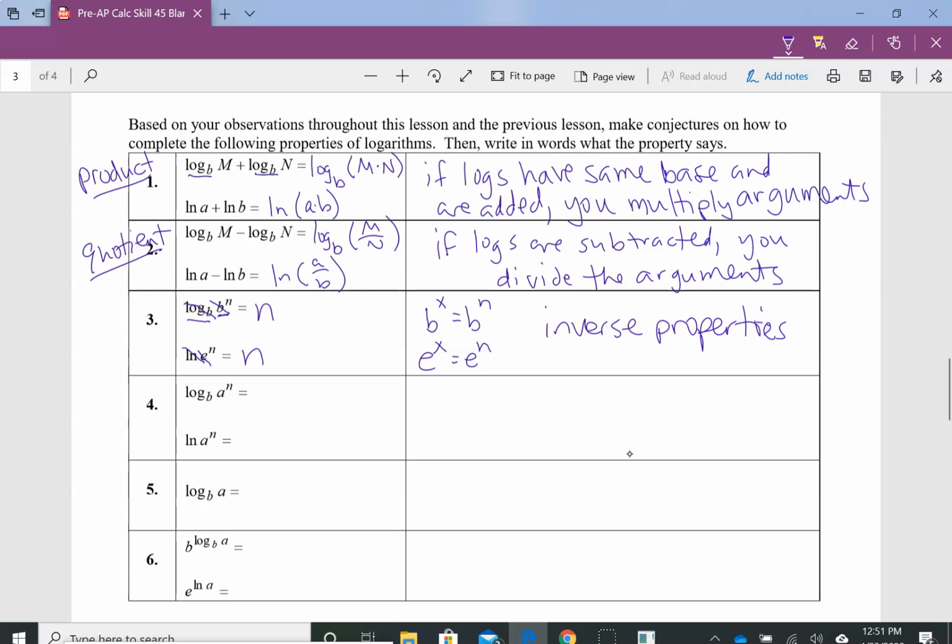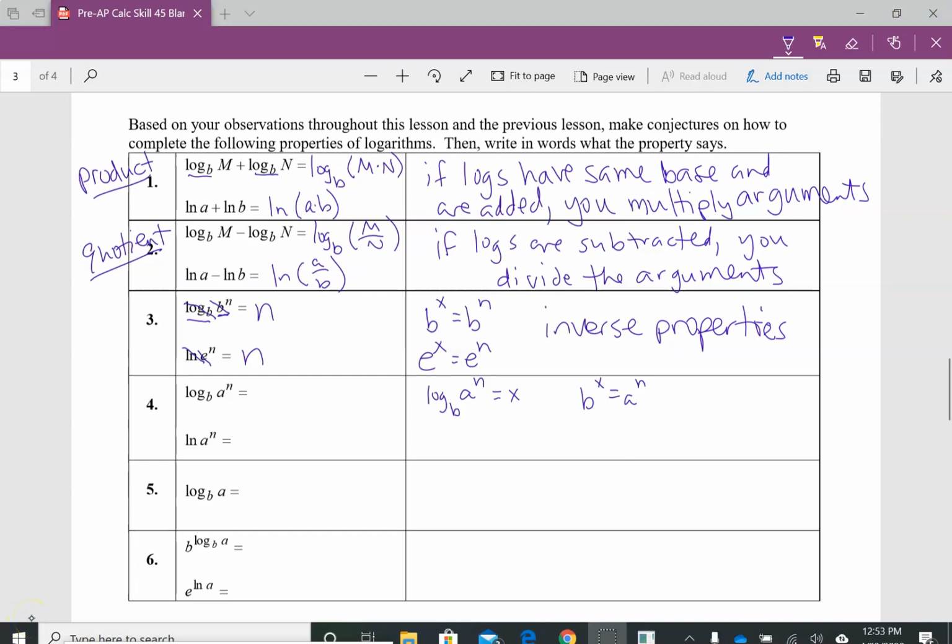All right, now looking at this next one, log base b of a to the n. If I were to set that equal to x, that's saying b to the x equals a to the n. Well, how in the world do we do that? That one's not going to be quite as obvious.